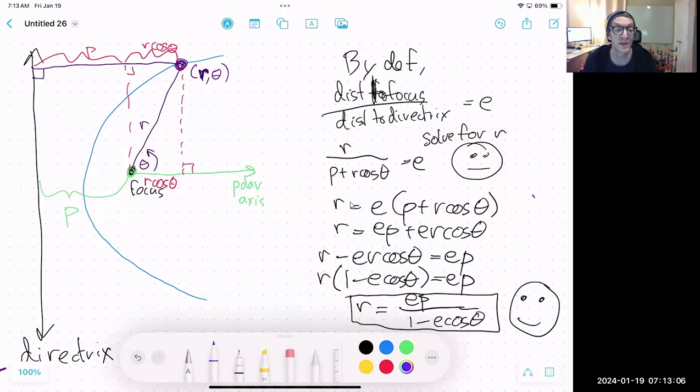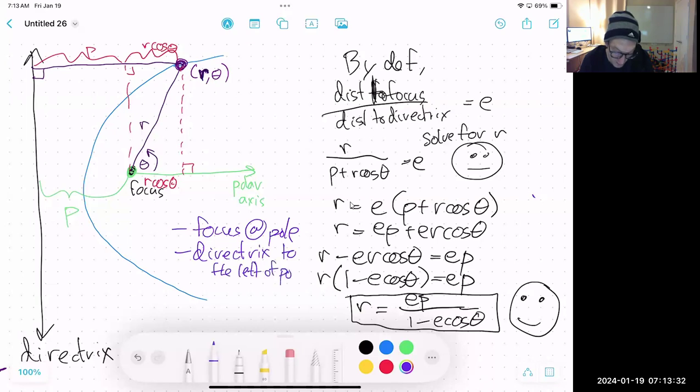This is the equation under multiple assumptions. It is the correct equation if, one, you put the focus at the pole. Two, the directrix is to the left of the pole.